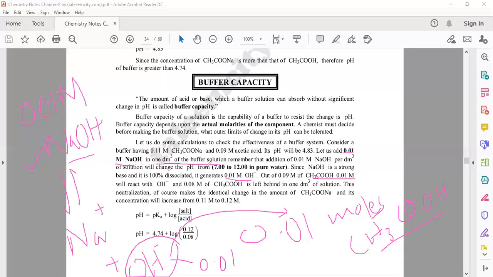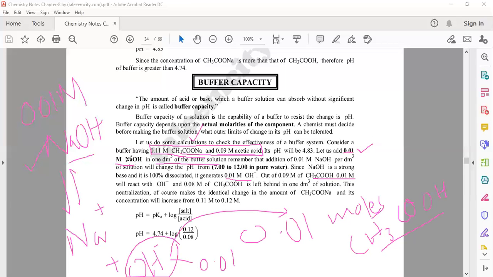Initially, we are taking 0.09 moles of acetic acid and 0.11 moles of sodium acetate. These are the initial concentrations of the buffer solution: salt having a concentration of 0.11 molar and acid having a concentration of 0.09 molar. In these initial concentrations, we have added 0.01 molar NaOH.